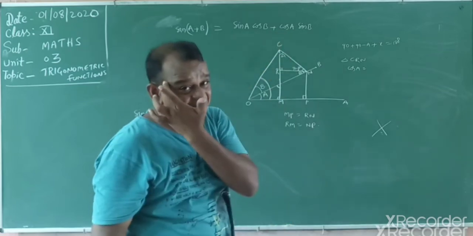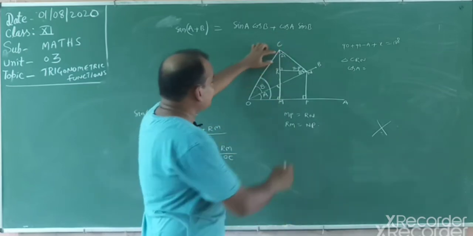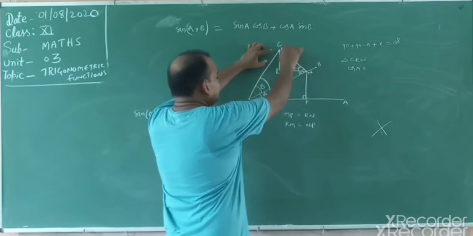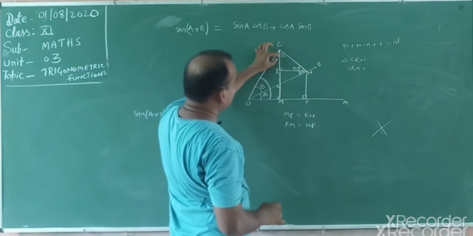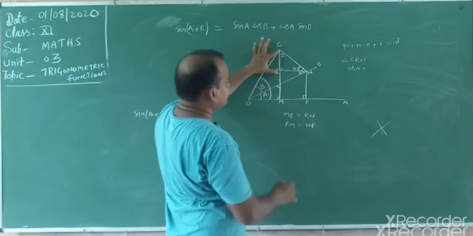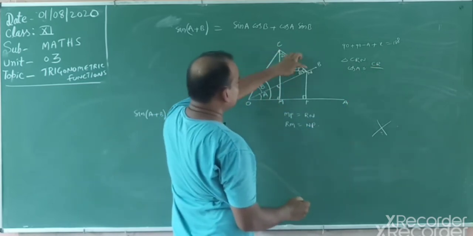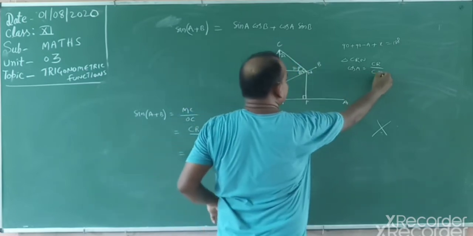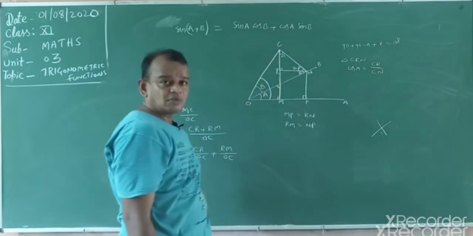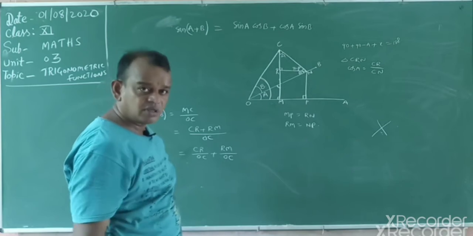Say yes or no? What is the adjacent side? CR. What is the hypotenuse? CN. Say yes or no? Yes.